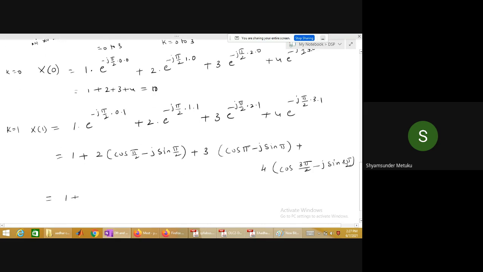So 1 plus, what is cos 90? 0. J sin 90 is 1. Cos 180 is minus 1, j sin 180 is 0. Cos 270 is 0, minus j sin 270 is minus 1.